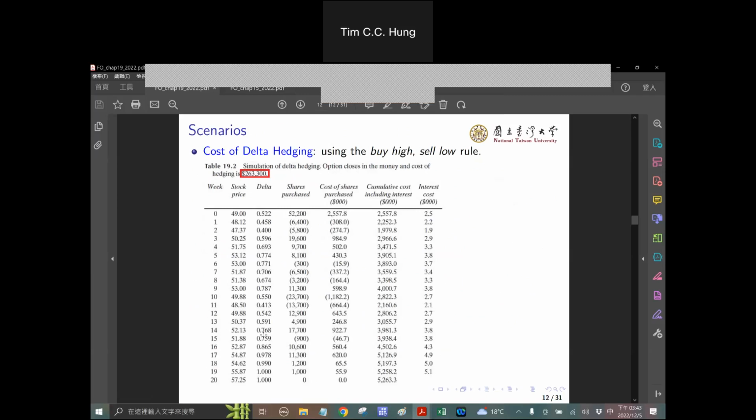So we previously sold the call option at a price of $300,000. Along the entire process of delta hedging, we accumulated an amount of $263,000. At the end, we actually obtained a gain of the price difference between the two.